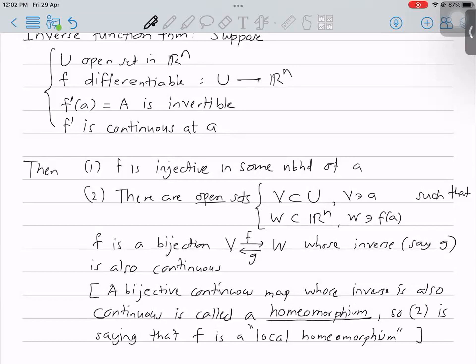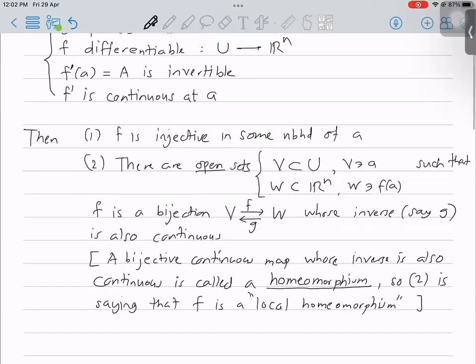It means exactly what it is saying. Local homeomorphism means that at this given point a, you can find a neighborhood on which it is a homeomorphism onto an open set in R^n. And number 3 is that f inverse is also differentiable.